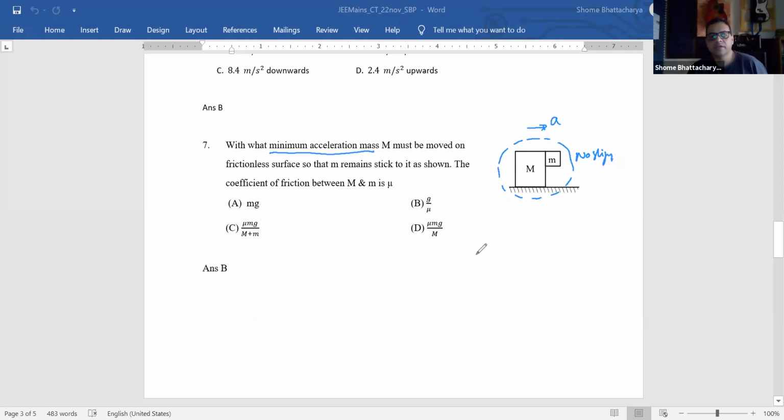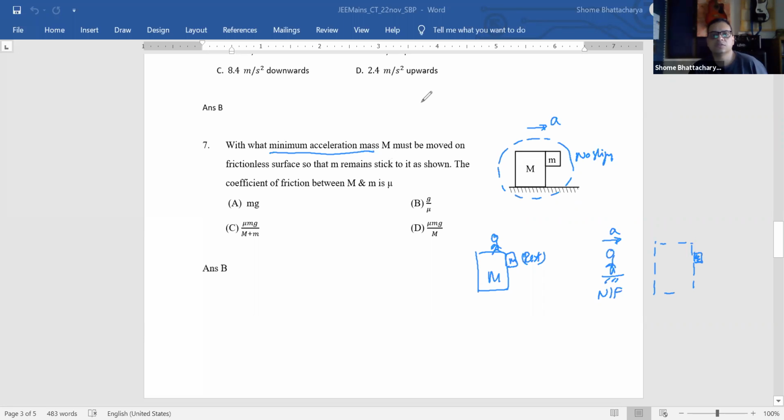So what you do is you get onto the frame of this one. So in your frame, this block should be at rest. Okay. So that means if you make the free body diagram in the non-inertial frame for the smaller block, it should be at rest.